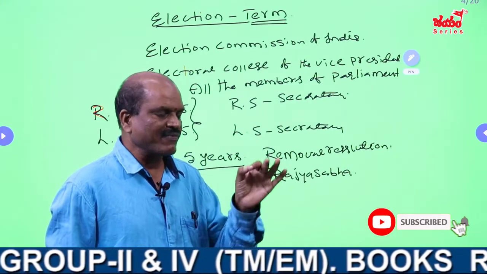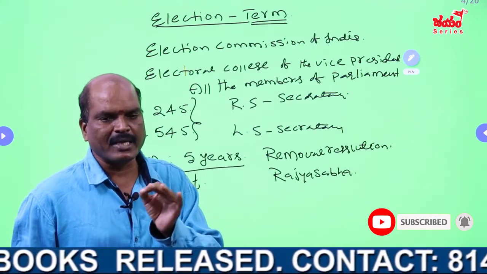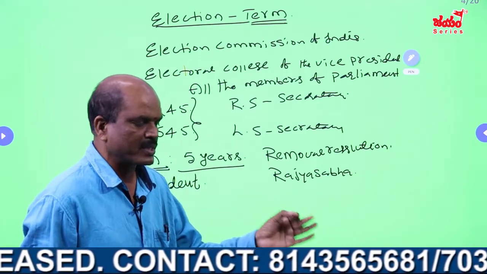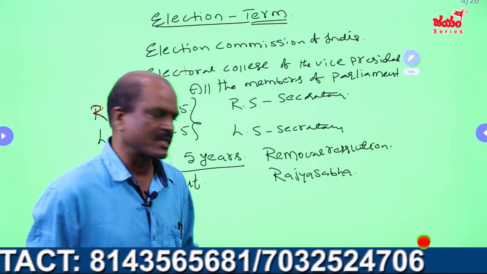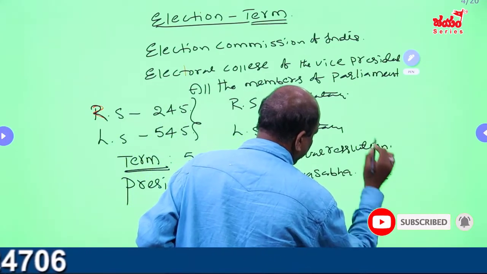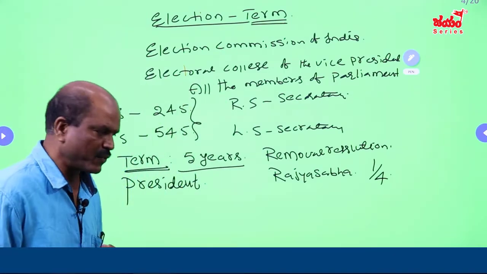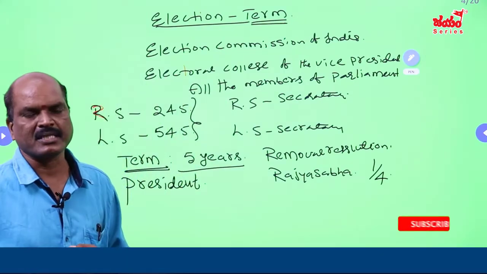On the basis of violation of the Constitution, the removal resolution is introduced in Rajya Sabha with the support of 1/4 of the members of Rajya Sabha.